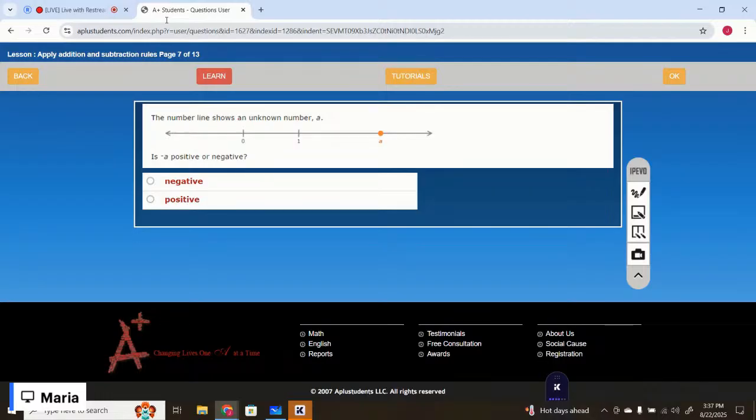The number line shows an unknown number A. Is negative A positive or negative? Negative A is negative. Option number one is the correct option.